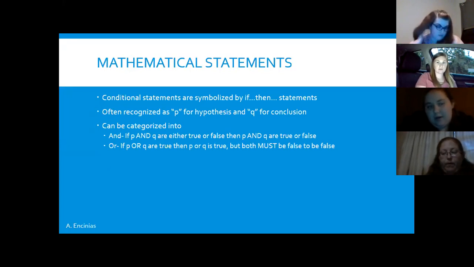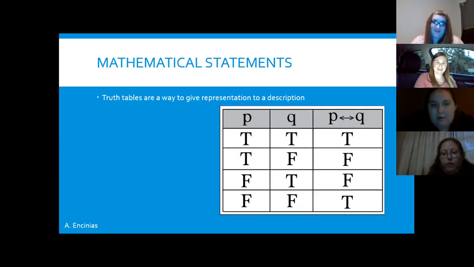It's also said that if either P or Q is true, then P or Q is true. But P and Q both must be false in order for P or Q to be false. I know that's a lot of words and letters, and it's hard to keep track. So that's how we come to truth tables.